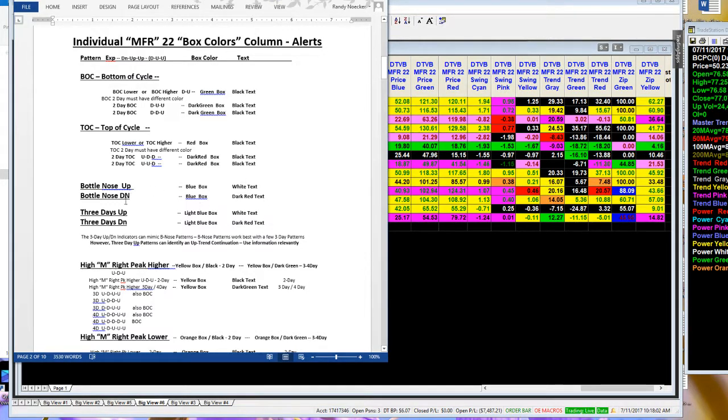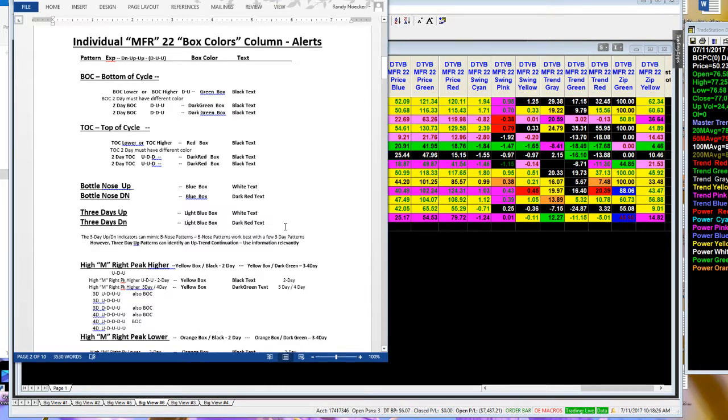And a bottlenose down is a blue box with dark red text. And so you can identify exactly what direction things are going with. Actually, right over here in the zip green, we have a bottlenose going down, and zip green is at 45.